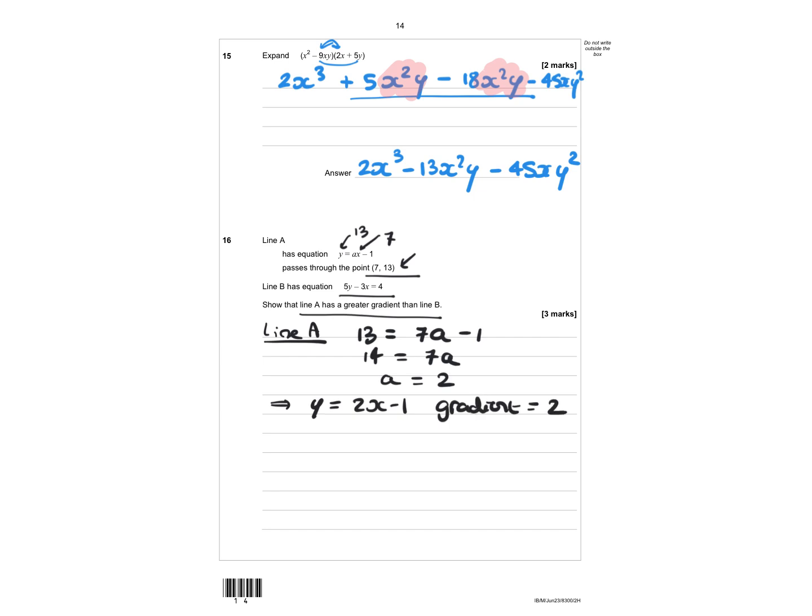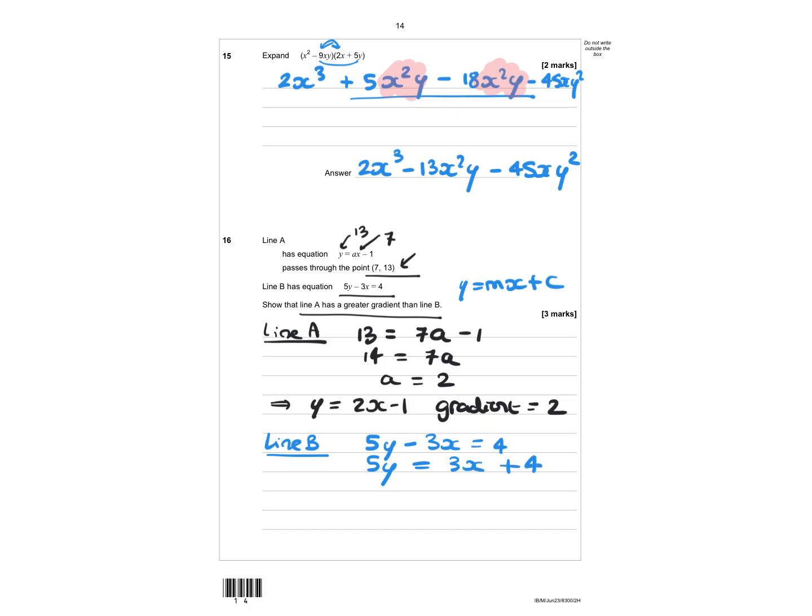And if we can then work out the gradient of line B, we can compare the two gradients. Now, line B is not expressed in the y equals mx plus c format, so we want to convert it to that format. I would start by adding 3x to both sides, so 5y equals 3x plus 4.